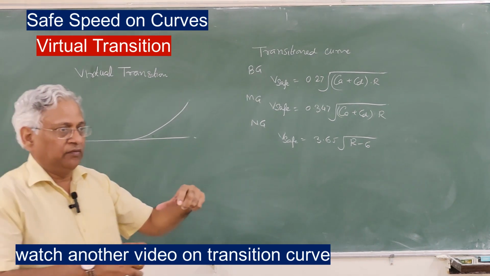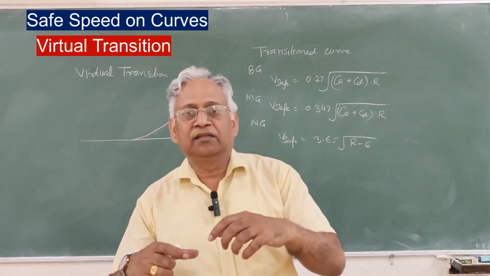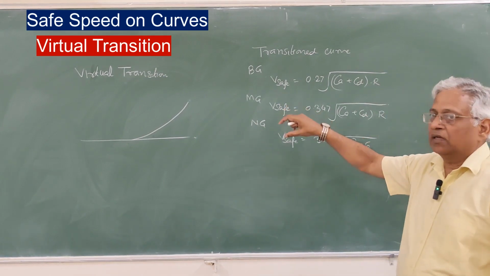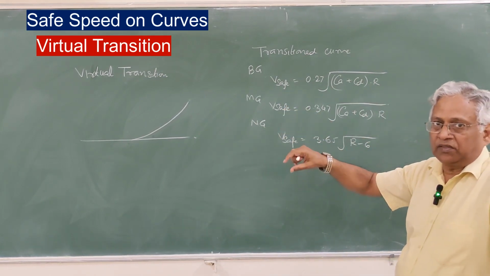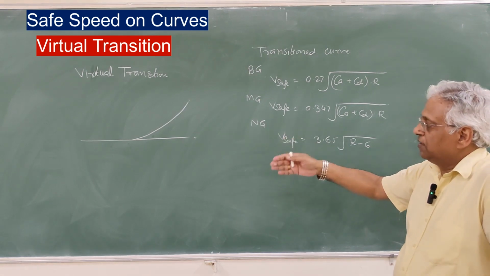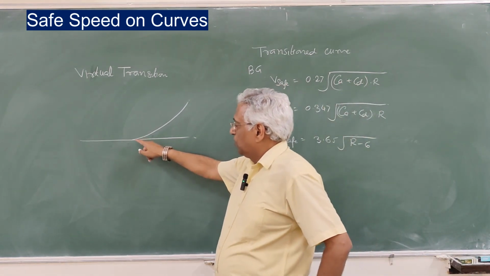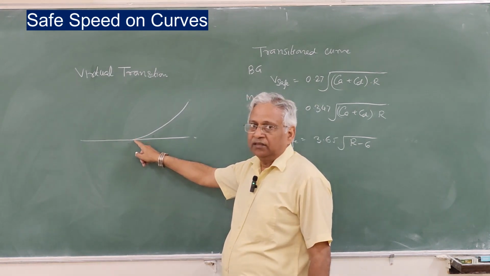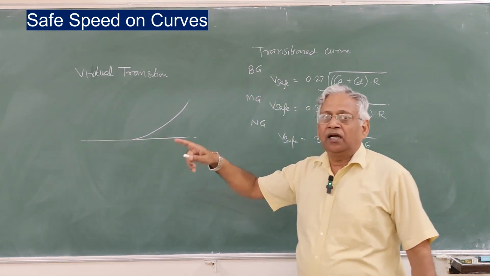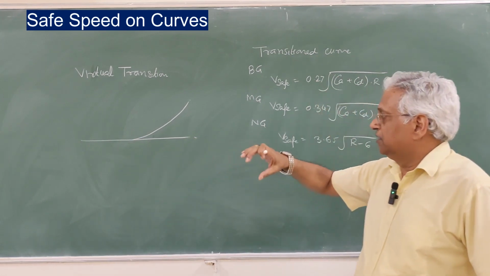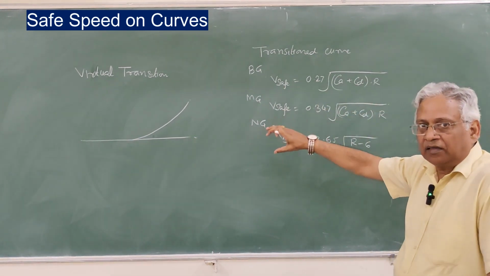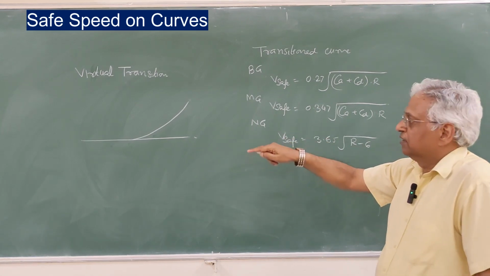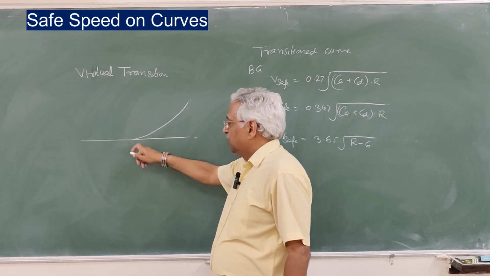When the train is moving on a tangent track, it has linear velocity. When it enters the circular curve, it becomes angular velocity. The angular velocity starts when the first bogie reaches the tangent point, and the train attains complete angular velocity when the rear bogie reaches this point.